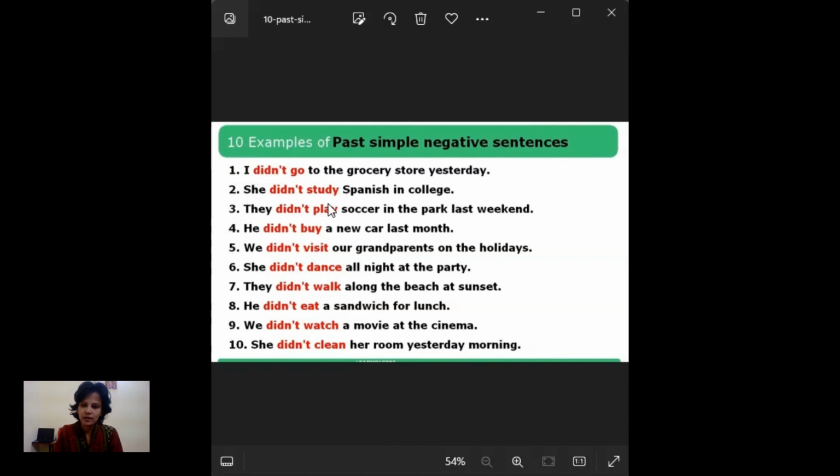That time we take off the y and add ied. That thing we should keep in mind. Like play, it ends with ed when it comes to past tense. Those are positive sentences. When we make them negative, we use base verbs.